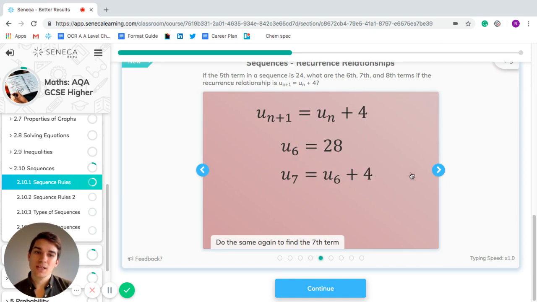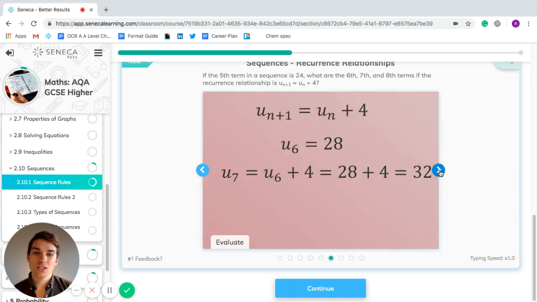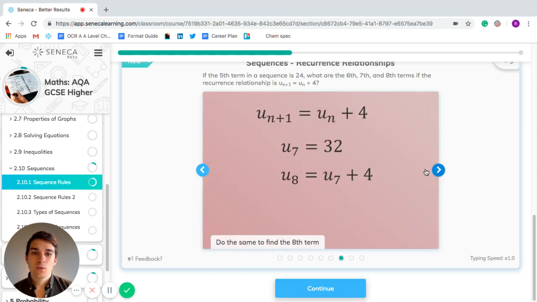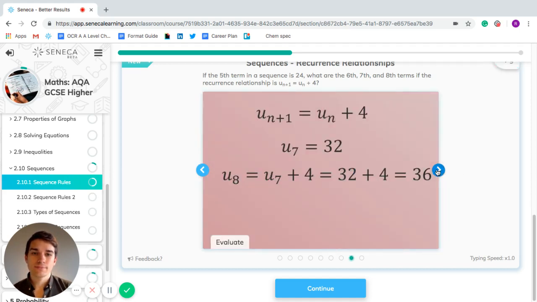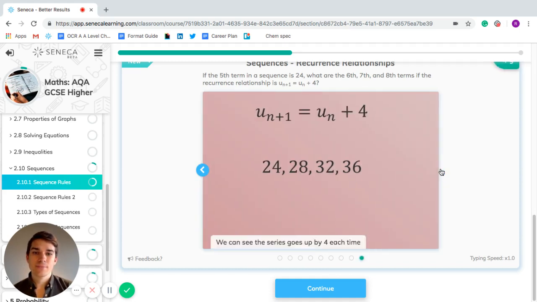So 28 add 4 gives us 32 as the 7th term. With the 8th term, we put in the 7th term and add 4, so 32 add 4 gives us 36. So the 5th, 6th, 7th, and 8th terms would be 24, 28, 32, and 36.